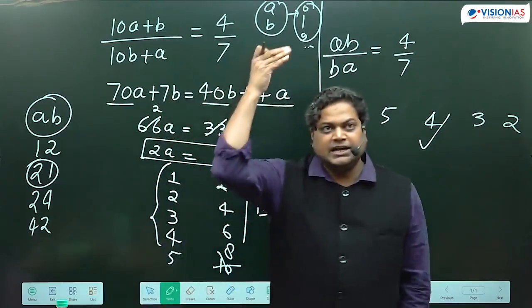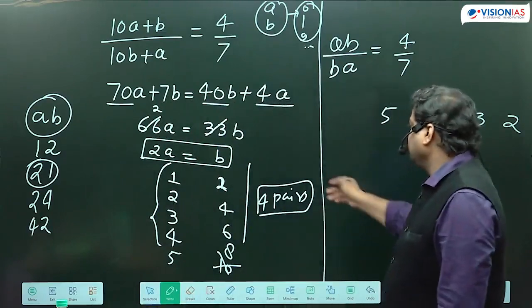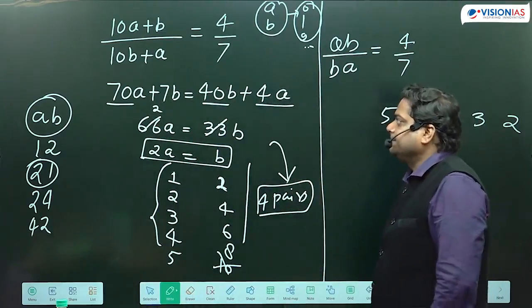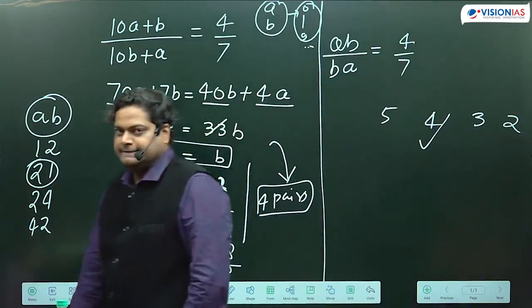So this way we can have these many numbers. Pairs पूछ रहा है तो we'll say 4 pairs. ठीक है.